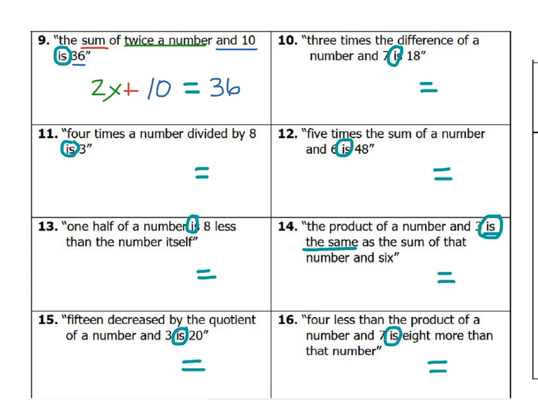Let's take a look at number 10. 3 times, so 3 times, the difference of. So we're going to be doing subtraction here. All right, 3 times the difference of is actually, let me put this in parentheses.